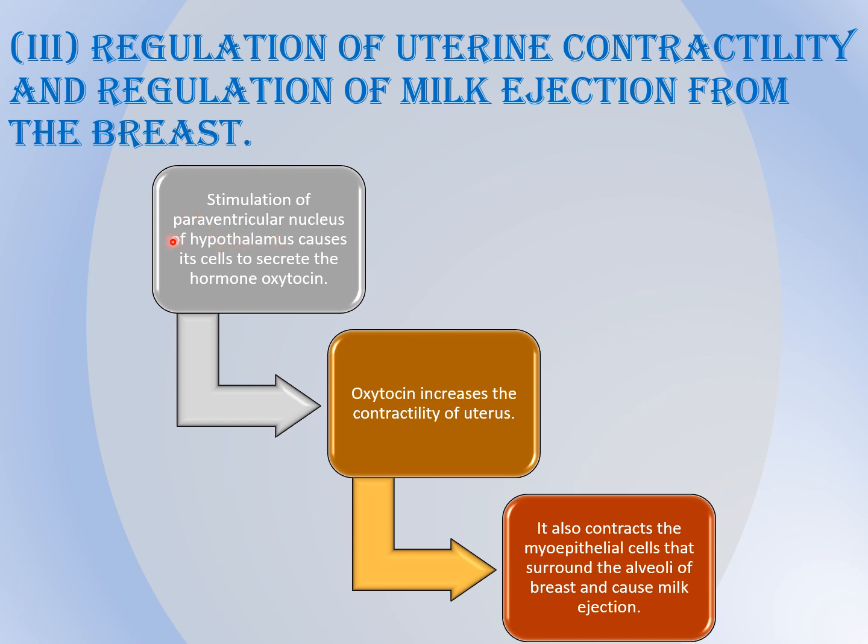Stimulation of the paraventricular nucleus of the hypothalamus causes its cells to secrete the hormone oxytocin. Oxytocin increases the contractility of the uterus, and it also contracts the myoepithelial cells that surround the alveoli of the breast and causes milk ejection.